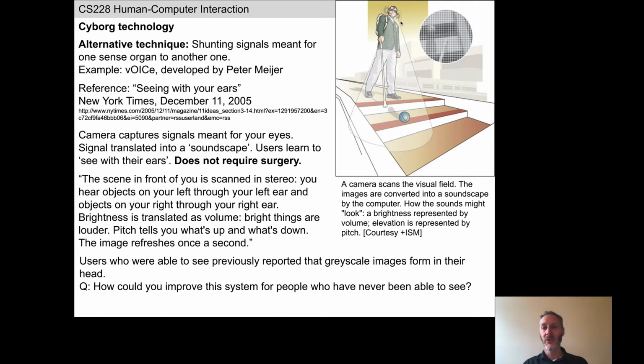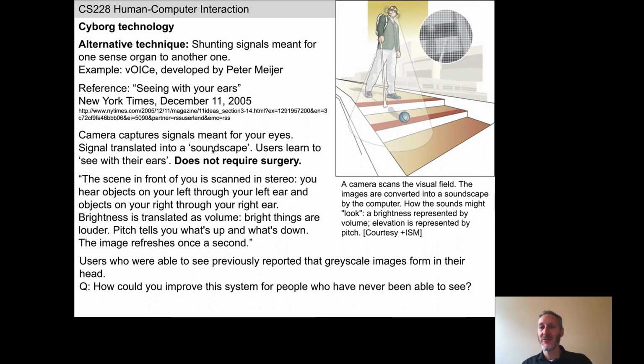In this case, the wearers wear a pair of sunglasses, and in those sunglasses are implanted outward pointing cameras. So we get stereoscopic images arriving exactly from the point of view of the wearer. Those video signals are translated into a soundscape.